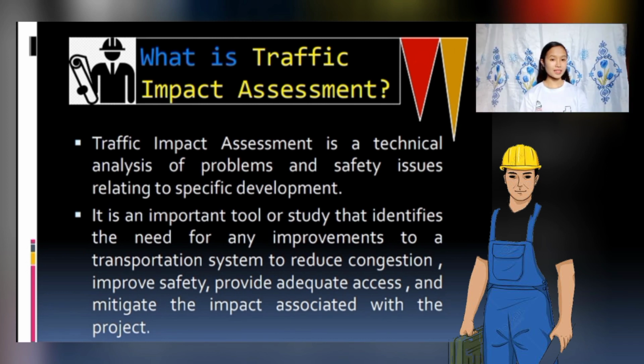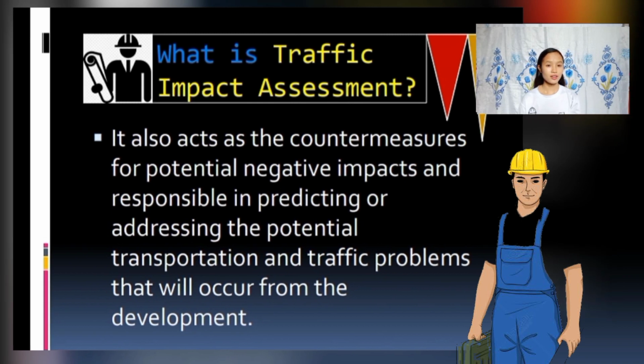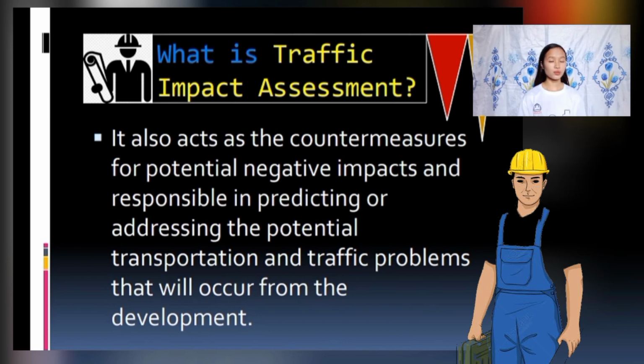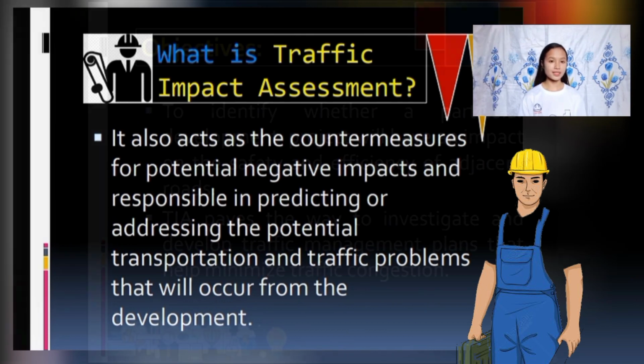In other words, TIA plays an important role in giving people adequate access and lessening traffic congestion. This is the main problem that has arisen from extensive private vehicle use. TIA acts as a countermeasure for potential negative impacts, and is responsible for predicting or addressing the potential transportation and traffic problems that will occur from the development.